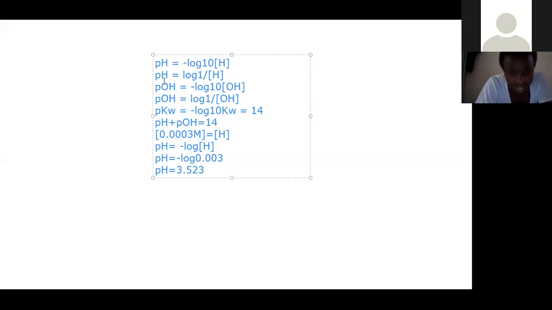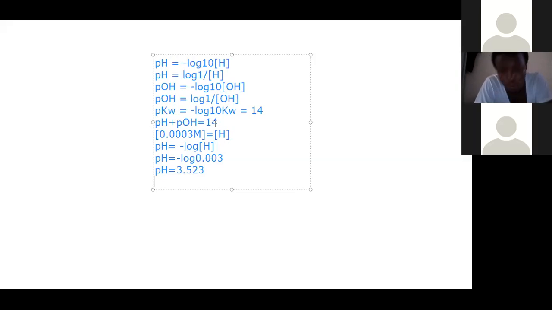So let's try it. We are given the pOH, but the question asks for hydrogen ions, so we can't use the one we are given. The one we are given was the pOH of OH ions. So to find the pH of the hydrogen ions, we subtract what we were given from 14. So we get 14 minus 11.5, which gives us 2.5. Now the question says we should find the hydrogen ion concentration.